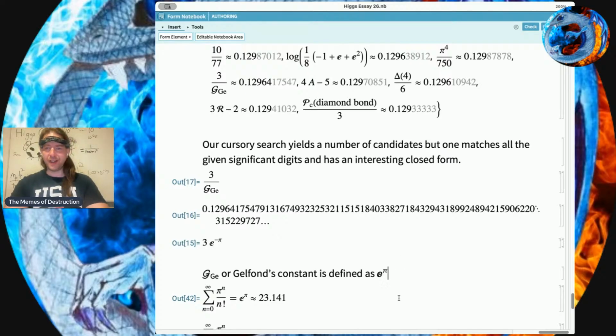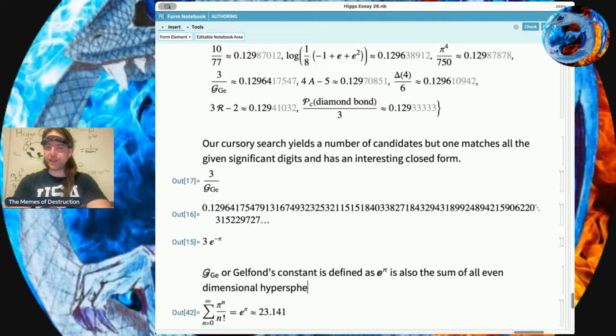E raised to the pi is also the sum of all even dimensional hyperspheres.